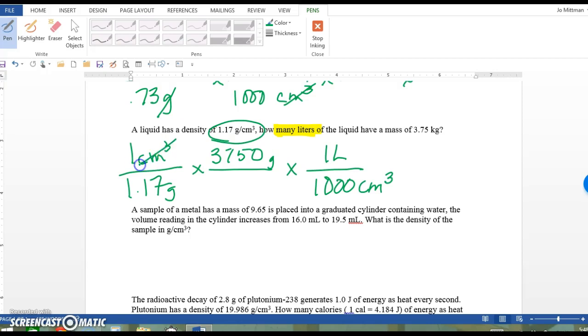Centimeters cubed cancels, grams cancels, and that would give you an answer in liters. So you would take 3,780 divided by 1,170. I took 1.17 times 1,000 in my head. You can knock off a 0. Save yourself a number punch on your calculator.